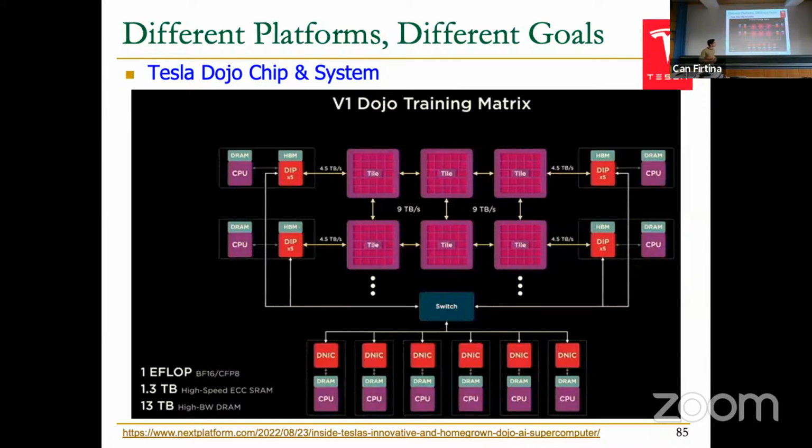Those tiles are composed, as you see, out of 5x5 chips, and we have a later slide about the chips, and observe as well how they have integrated these interesting interface processors, I think they call them, with high bandwidth memory and connected to both the host CPU and the accelerators.